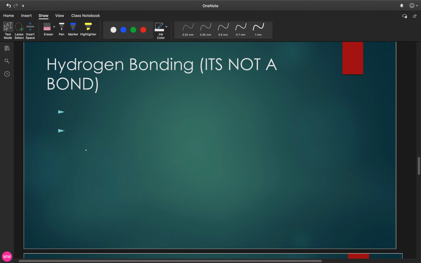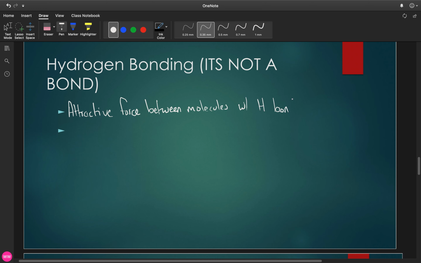Hydrogen bonding is super important in the world of biology, and what's important to note is that it's going to be the attractive force between molecules with hydrogen bonded to fluorine, oxygen, or nitrogen. It's kind of silly, but it helps us remember. Hydrogen bonding is fun.